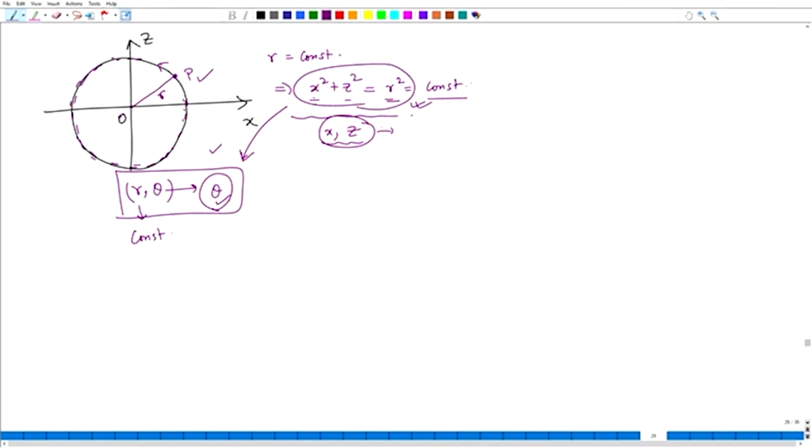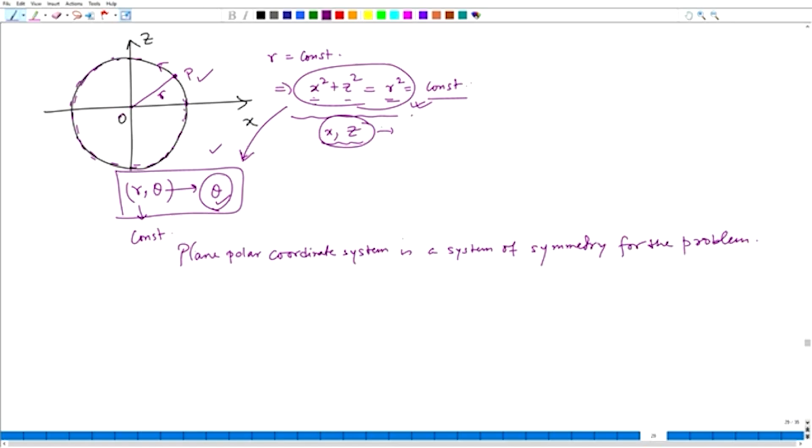So, here this plane polar coordinate system is a system of symmetry for the problem.